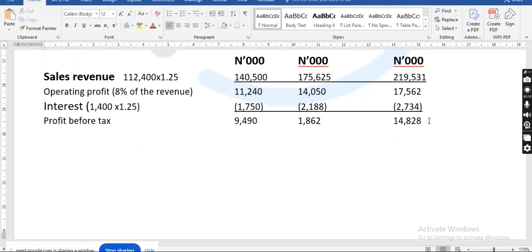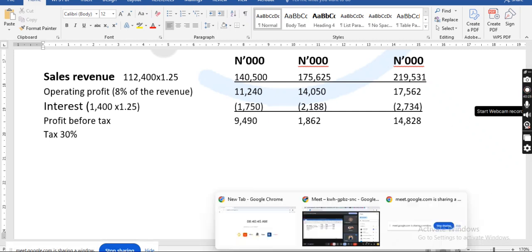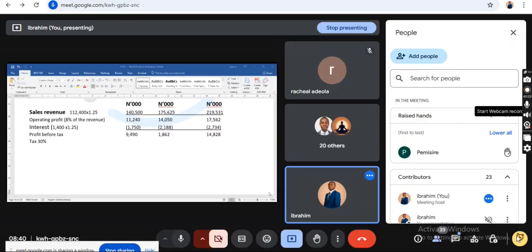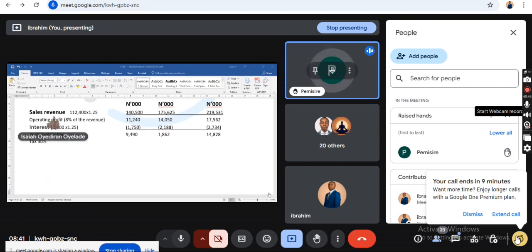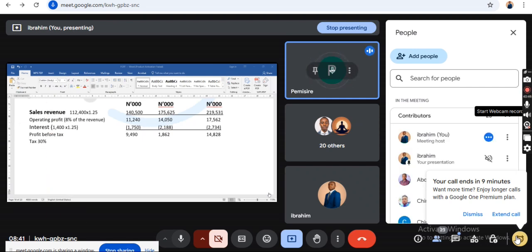So now, if this is established, the next thing is the tax. Don't forget the tax is 30%. I think the second year is 11,862, the difference: 14,050 minus 2188 gives 11,862.